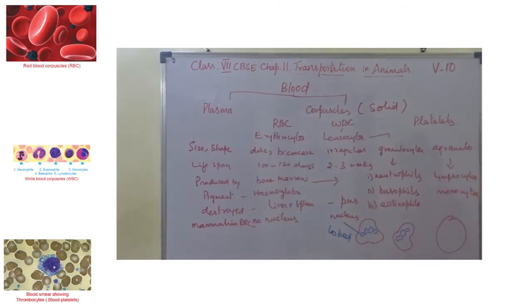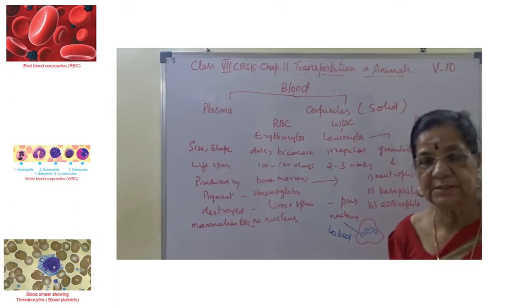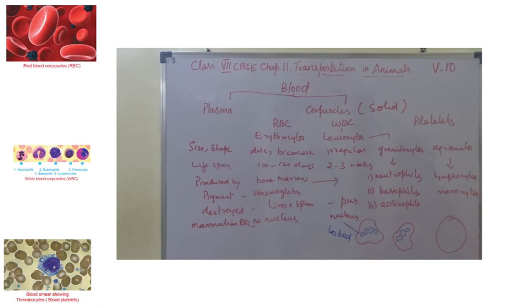So WBC, also known as leukocytes, are irregular in shape, with a 2 to 3 week lifespan, produced by bone marrow, and there is no hemoglobin pigment present. They are of two types, granulocytes and agranulocytes.